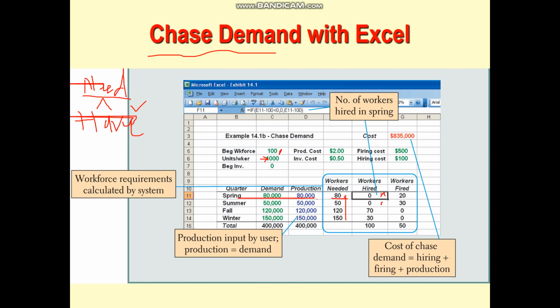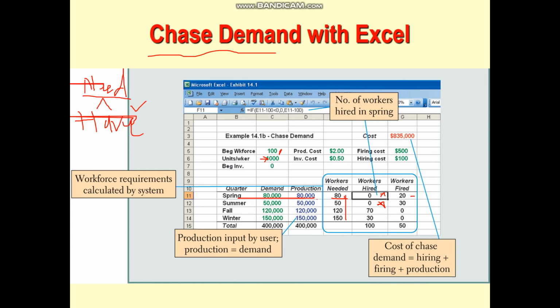Okay, so just open the Excel and practice as I'm guiding you here. So for this cell, the formula will be if E12 is less than E11, comma, 0, comma, E12 minus E11. Okay.